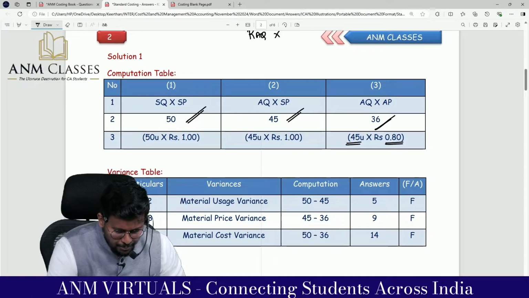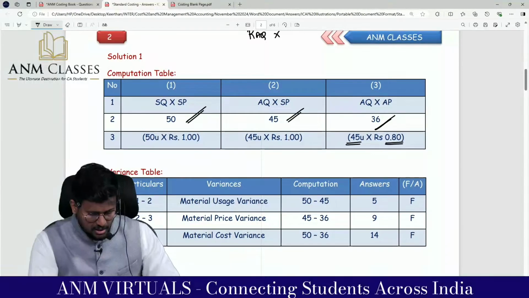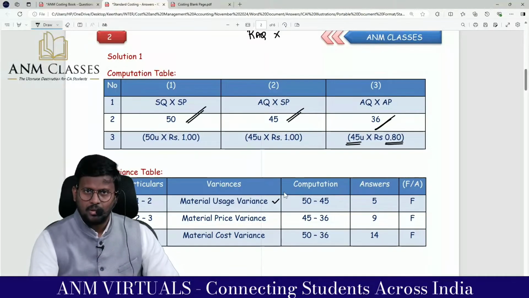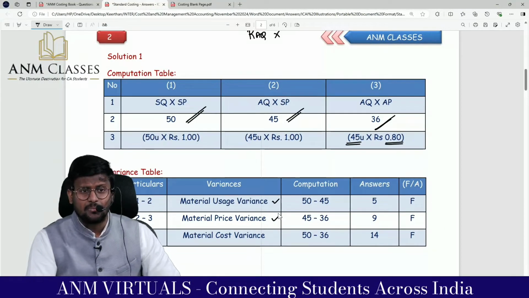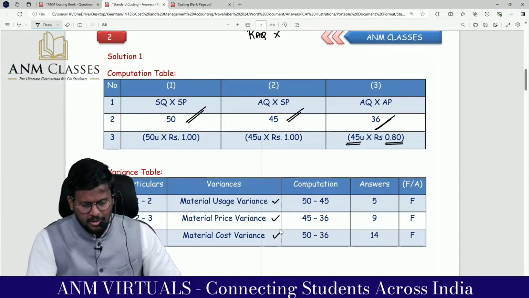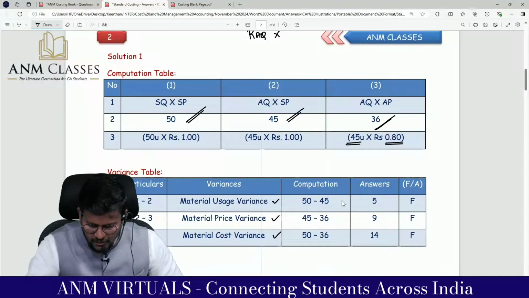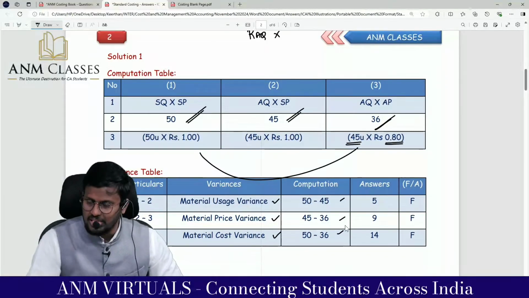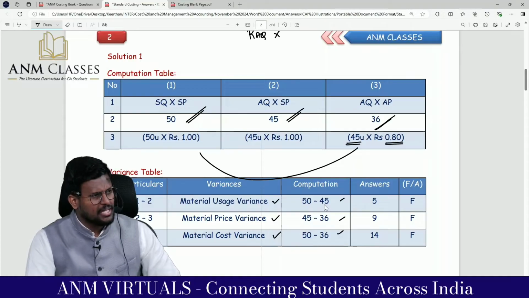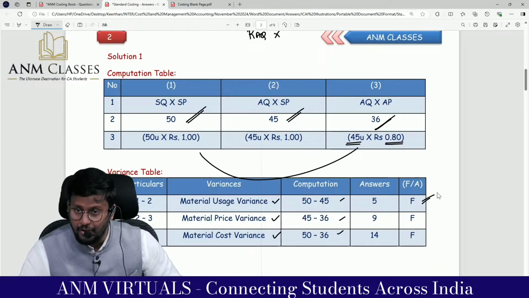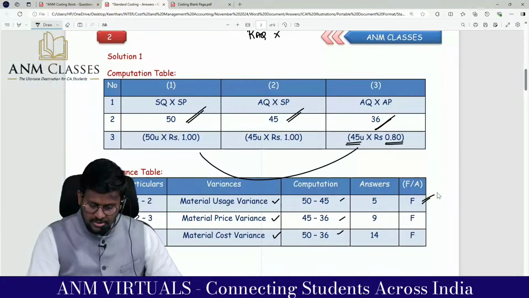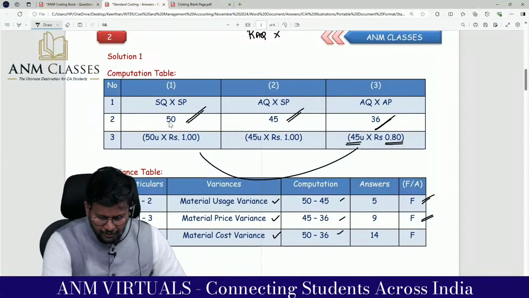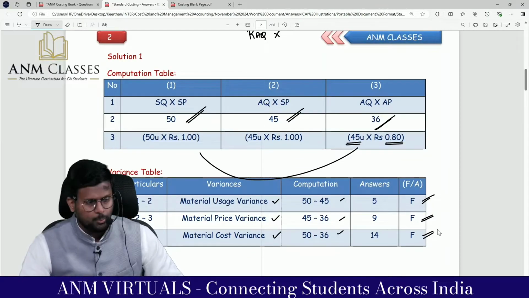So 1 minus 2 is material usage variance, 2 minus 3 is material price variance, 1 minus 3 is material cost variance. So 50 minus 45, 45 minus 36, 50 minus 36, right? Yes, sir. So 50 minus 45 means 5 rupees favorable. 45 minus 36, 9 rupees favorable. 50 minus 36 comes to 14 rupees favorable.